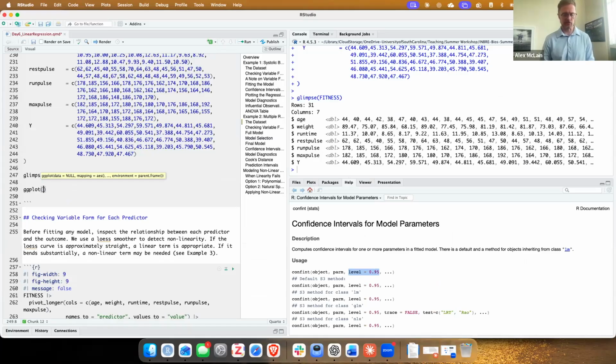The data here is called fitness in all caps. aes, which is adding our aesthetics, our x variable. Doesn't matter which one I do, but let's look at run pulse. x equals run pulse, y equals max pulse.